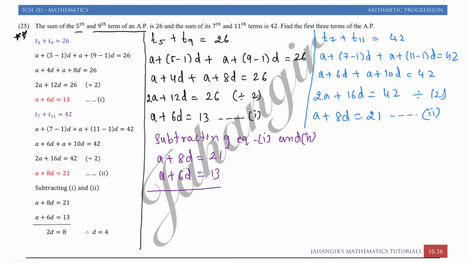We are going to subtract. In subtraction we are going to change the sign. A and A will get cancelled. 8D minus 6D is 2D. 21 minus 13 is 8. So therefore D is equal to 4.